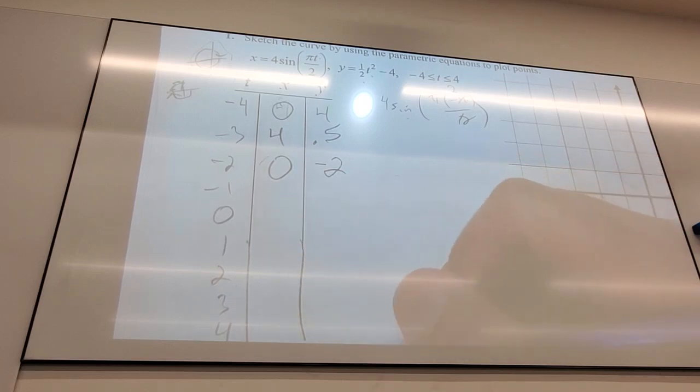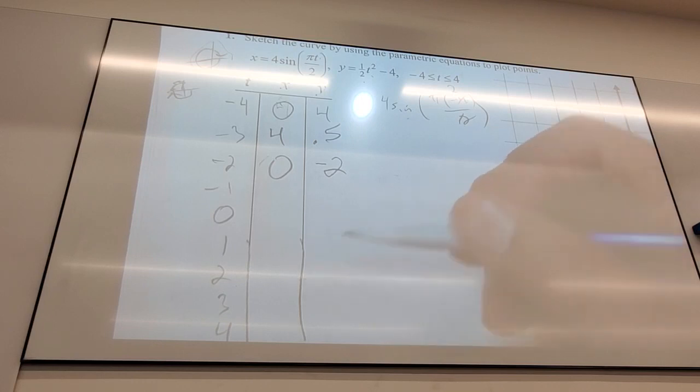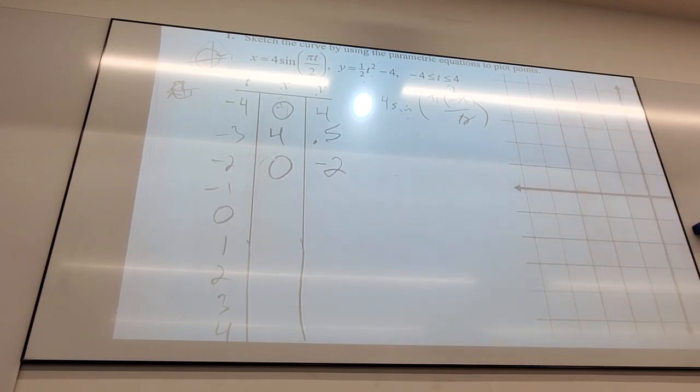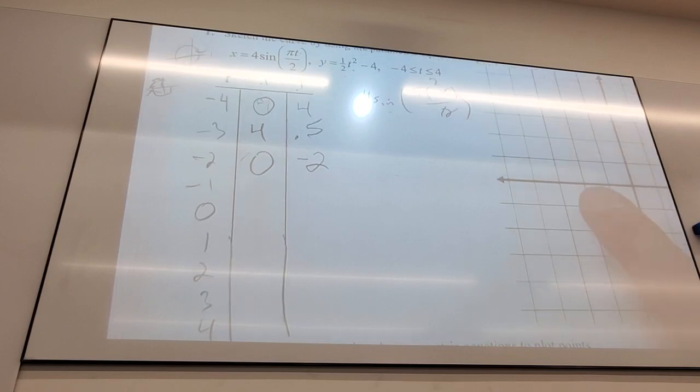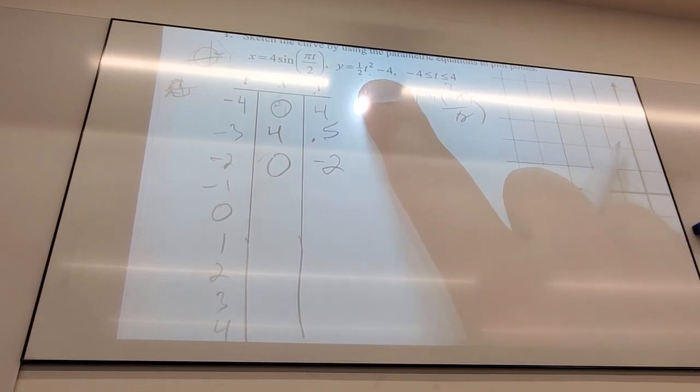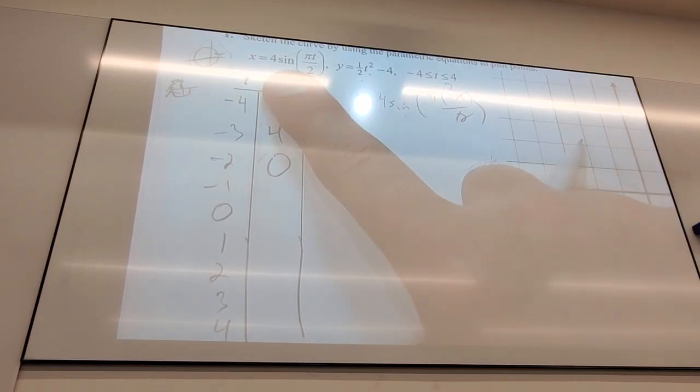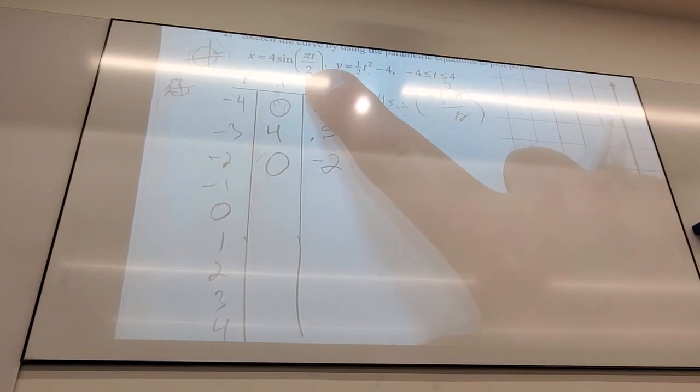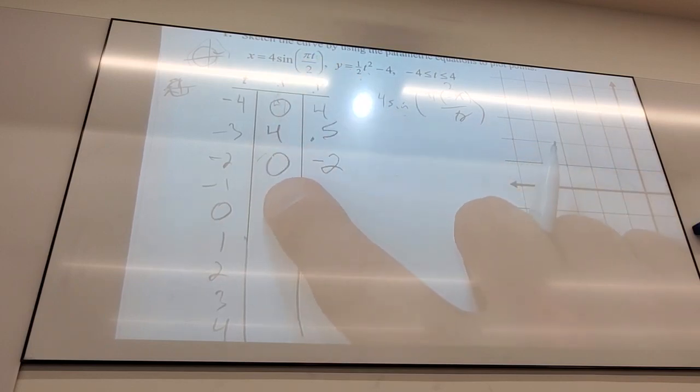So I got -2 over 2, is -1. Yep, so the sine of negative pi is on the x-axis, sine likes y, so that's 0.